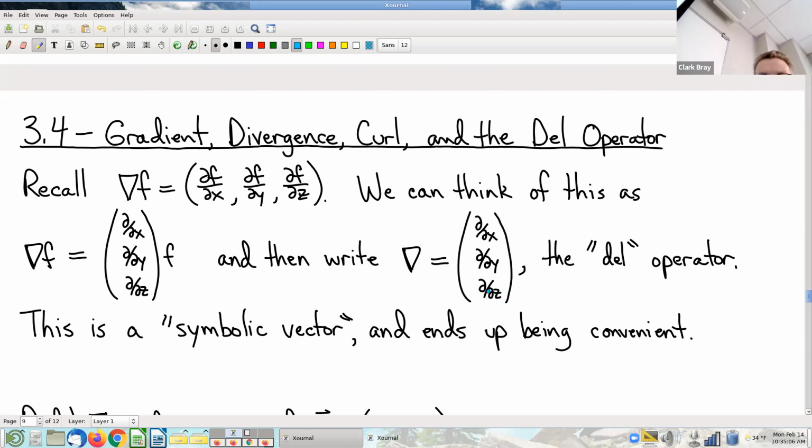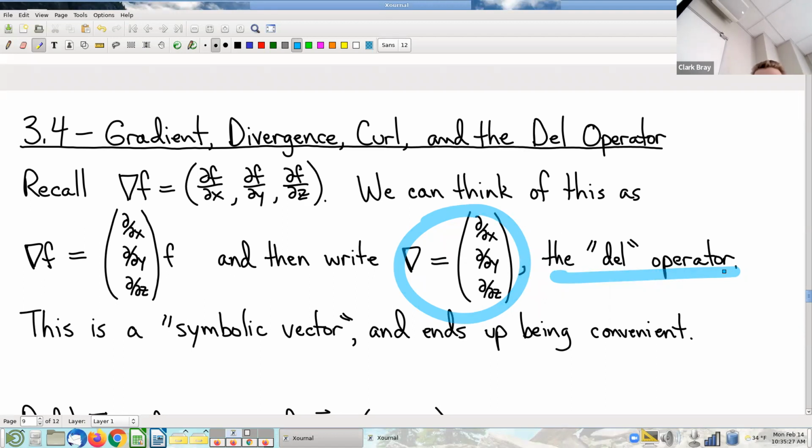Just like partial differentiation with respect to X is a thing. It's not physical. I can't point to it. I can't draw a picture of it, but it's a thing that if you apply it to a function, does something. And likewise, the del operator, same deal.